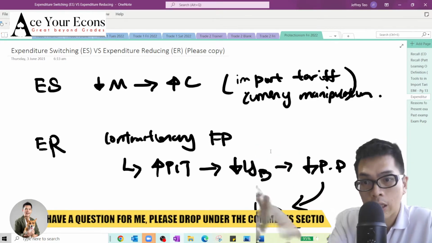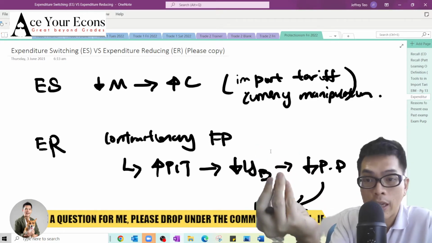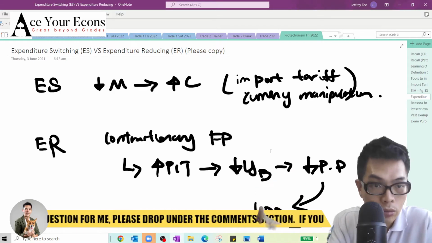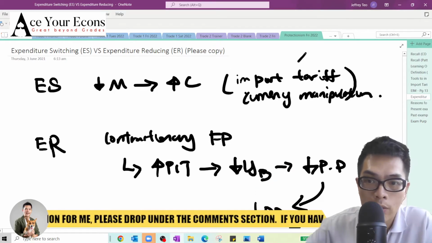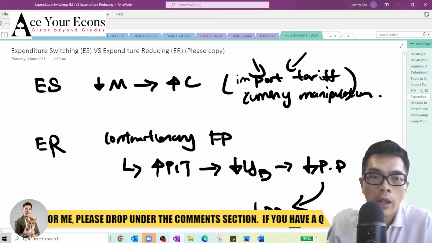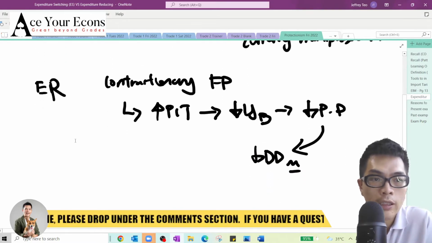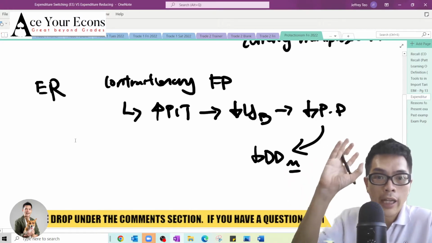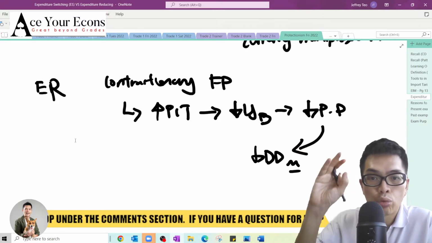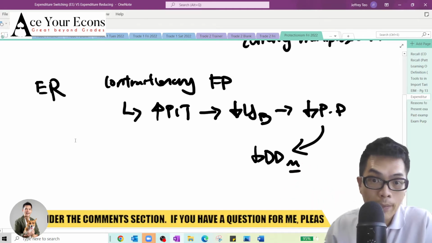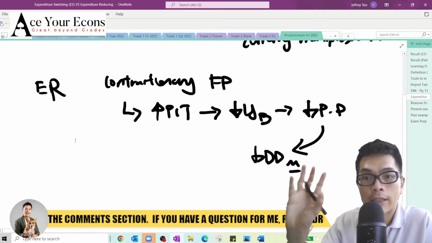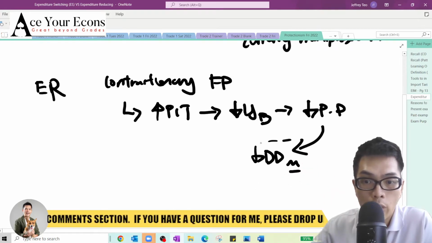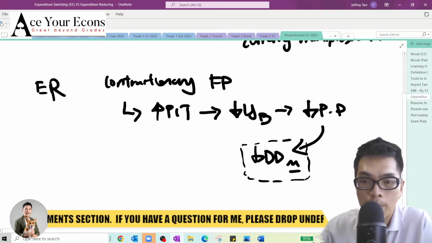That's subject to whether you are able to use that, whether your monetary policy allows you to use that. Most of the time, we are looking at import tariff. The second policy that you want to consider is expenditure reducing policy. When you use expenditure reducing policy, you do not want to talk about demand side policies, because they are targeting different aspects. We are focused on reducing demand for imports here.